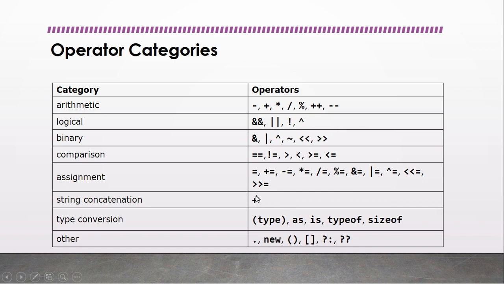String concatenation: the plus operator is overridden to concatenate or join together different strings. Type conversion: typecasting, as, is, typeof, sizeof, and other operators like the dot operator or access operator, the brackets, the conditional operators.